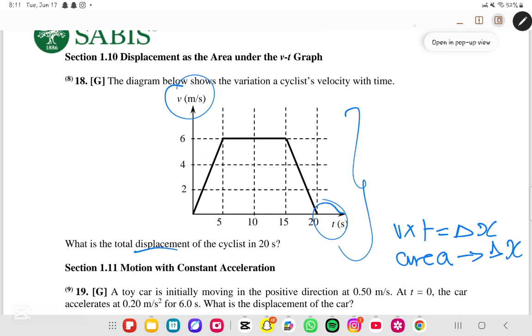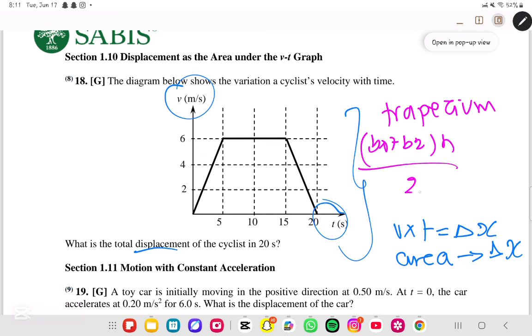So we would have found the displacement. So let us find the area of this graph. Very simply, to find the area of this graph, you need to find the area of a trapezium, because this is a trapezium. So let's find the area of the trapezium together. It's base 1 plus base 2 times the height over 2. Base 1 is from 0 to 20, so 20.